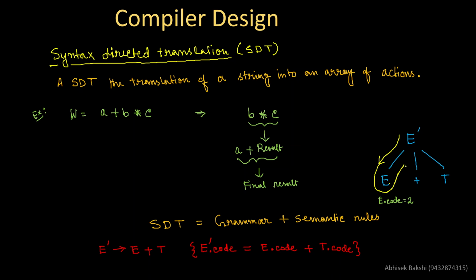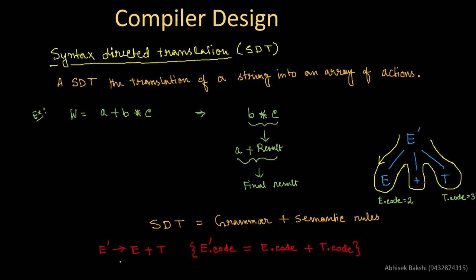Then the traversing continues, and when it reaches T, it will also store this T dot code as, say, 3. Now when it reaches the root again, what will happen? Naturally, this particular production will fire.